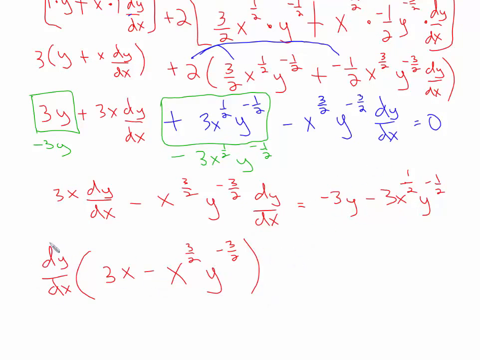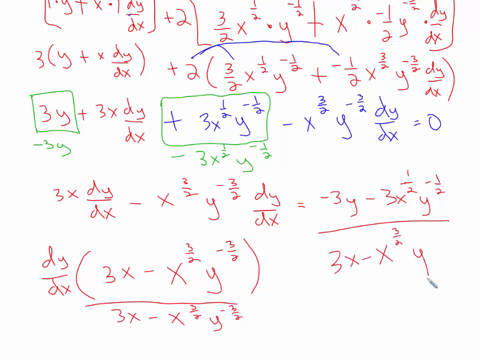So what we're going to do is we need to get this by itself, so we're going to divide by this value on both sides. 3x minus x to the 3/2 y to the negative 3/2. So these divide out.